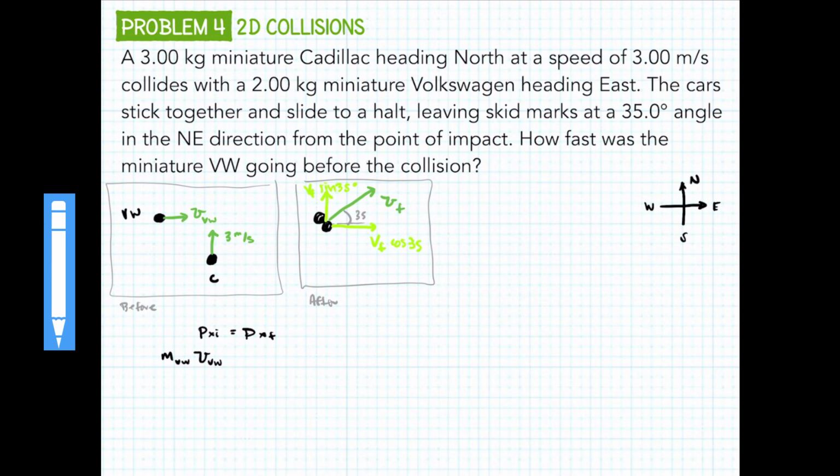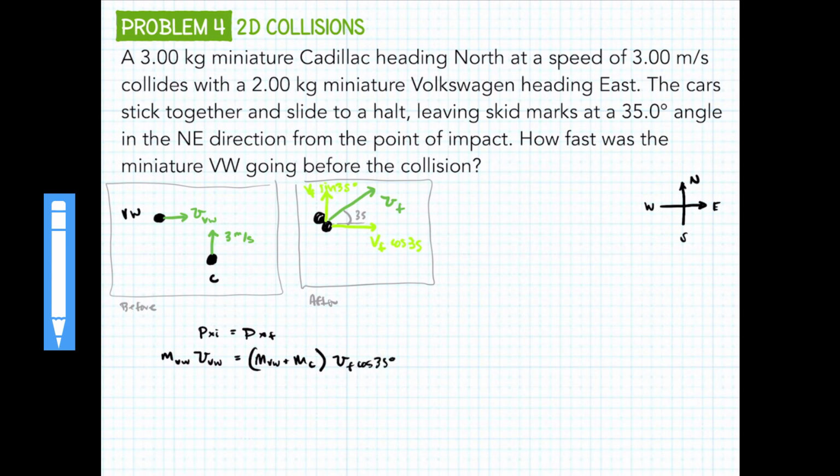The Cadillac only in the y direction. And then the final momentum is going to be the mass of both, so mass Volkswagen plus mass Cadillac, because they're stuck together, and that's going to be equal to V final cosine 35 degrees.